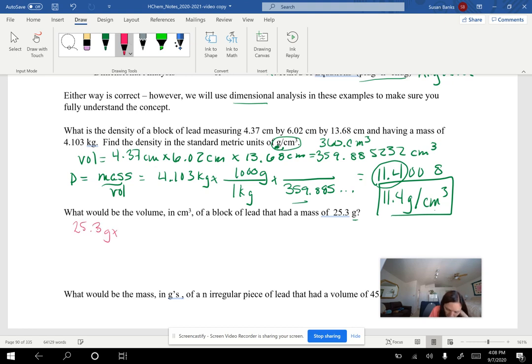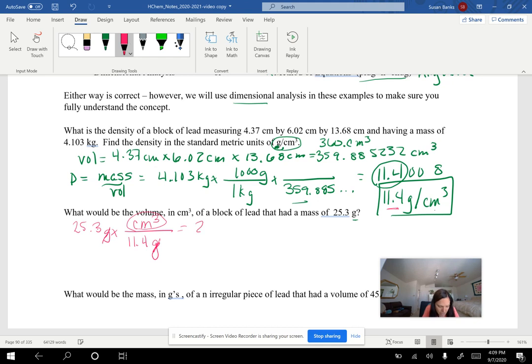25.3 grams. Now I want my grams to cancel, so can I put this 11.4 on the bottom? I sure can. 11.4 grams will give me centimeters cubed on top. My grams cancel, and I have my volume in centimeters cubed. So we're going to take 25.3 and divide it by 11.4.